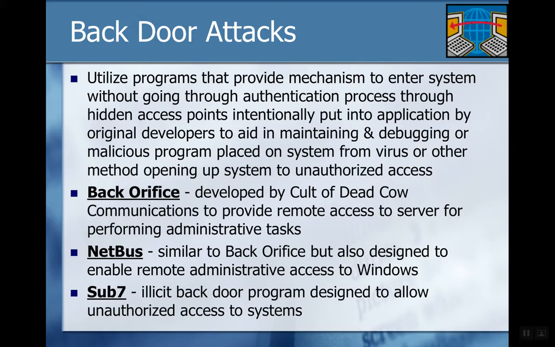Some of the better known ones include something called Back Orifice. A lot of times what these things will do is exploit existing functions, for example administrative tasks, because those are well known. So Back Orifice, NetBus, and Sub7 all have a similar thing: attacks that are secretly included in software, which can then be exploited somewhere downstream.